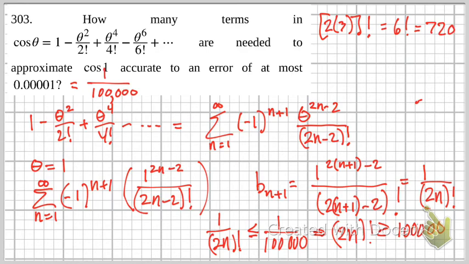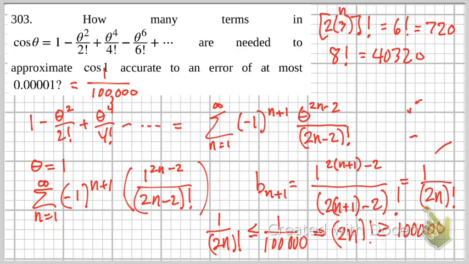So then let's try a 4, so that's going to be an 8 factorial. And an 8 factorial is 40320. So then I plug in a 5 for n. Again, that's my n, remember that.